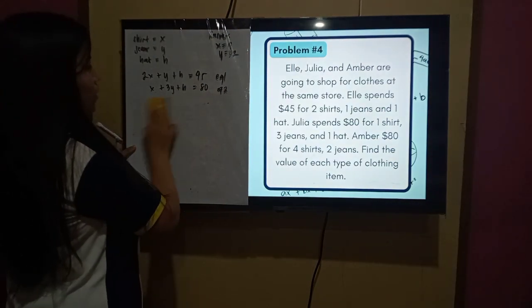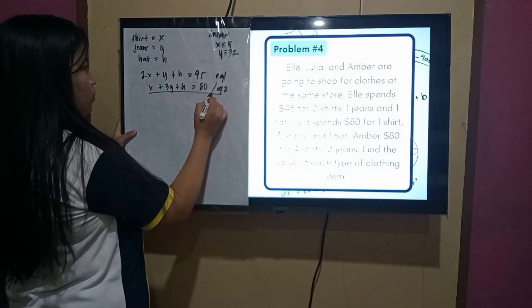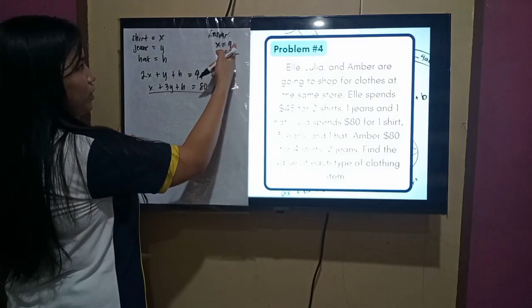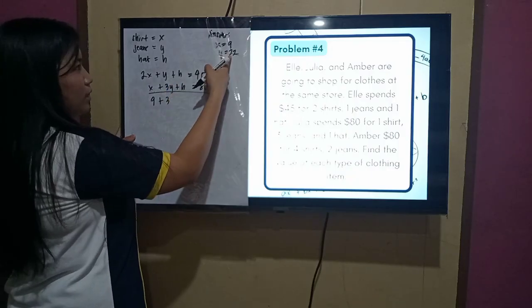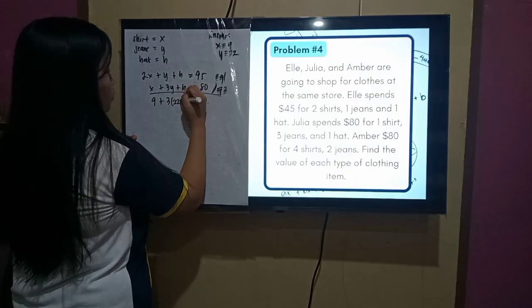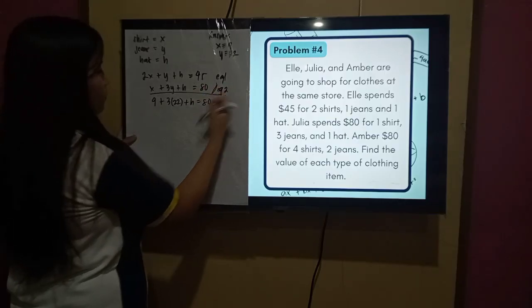For the next one, we'll get the value of H. Let's use our second equation. We have the value of X, so we have 9 plus 3 times 22, since we have the value of Y too. And then plus H is equals to 80.